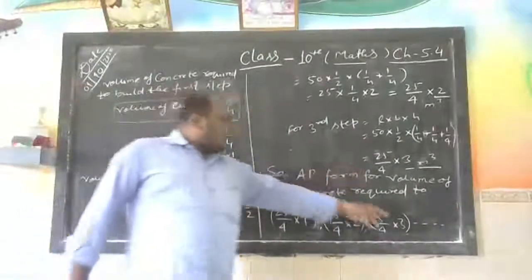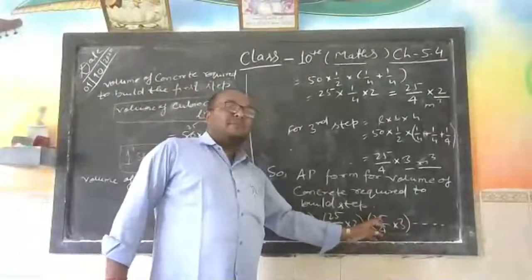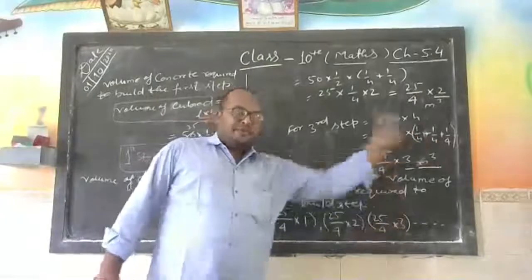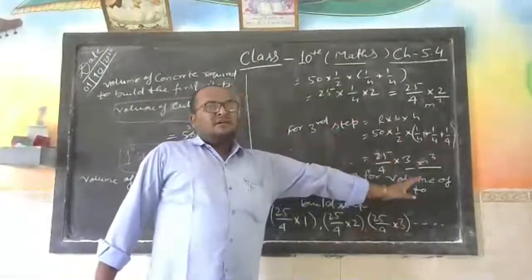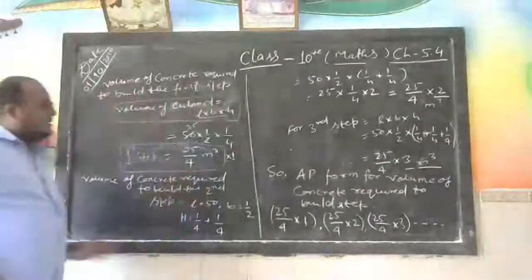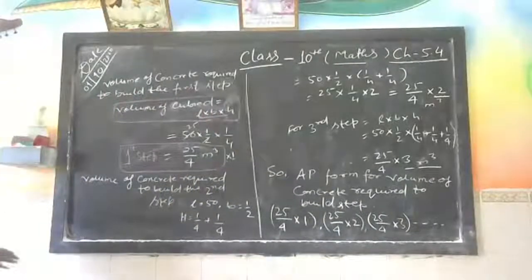So for the 15th step it will be 25 upon 4 into 15. That will be the volume. That will be the arithmetic progression.